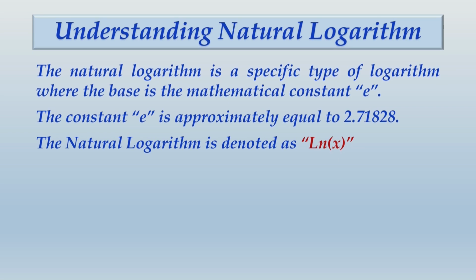So if I take ln of e squared, I am obviously going to get the value as 2. Why? Because when you take log of e squared with the base of e, the power is basically 2. This log is not the common log, this is the natural log. So when you take ln of e squared, the result will be 2.